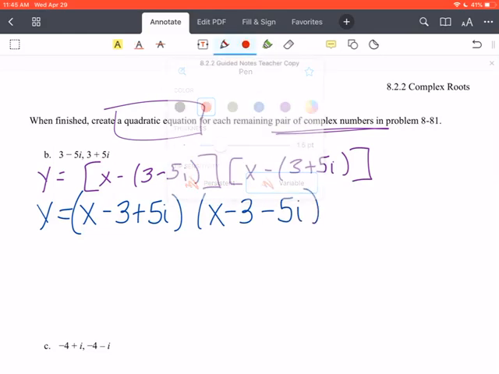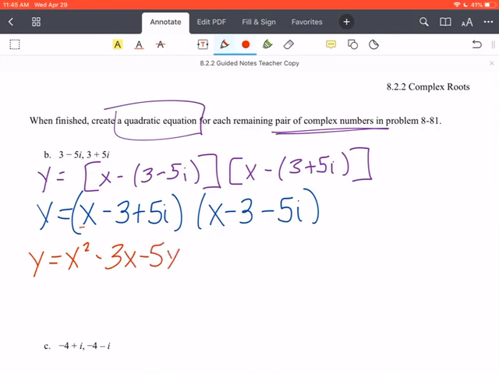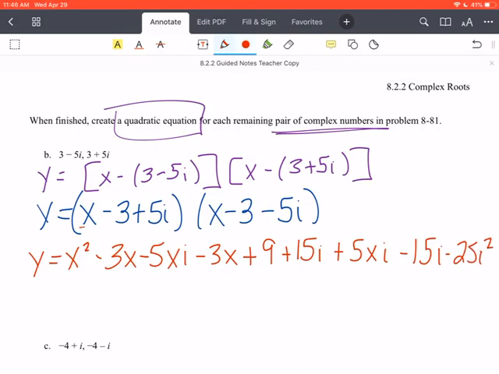I'm going to first distribute my x, so I have y equals x squared minus 3x minus 5xi. Now I'm going to distribute my negative 3, so I have negative 3x plus 9 plus 15i. Then I'm going to distribute my 5i, so I have positive 5xi minus 15i, and then minus 25i squared.